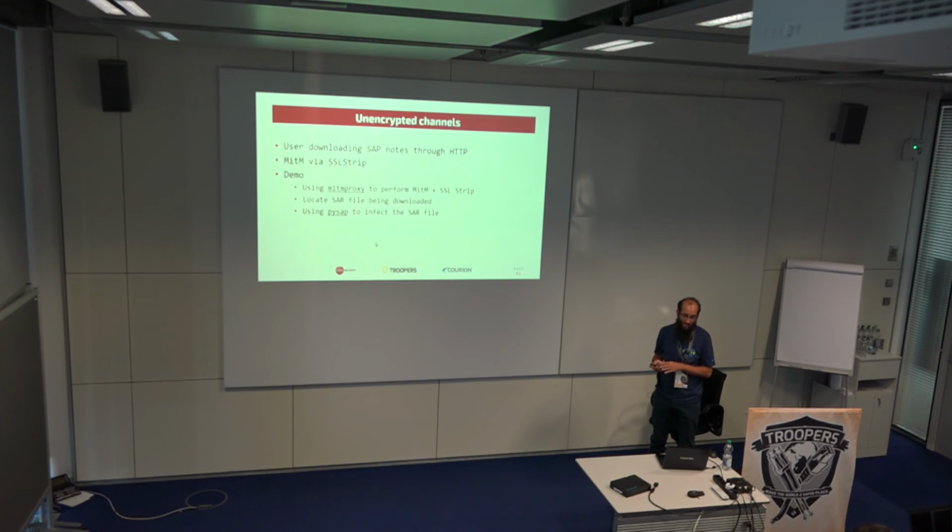This is a particular case that I was thinking about to show the impact of these kinds of things. Let's say there's a user that wants to download a subnode that has a car file attached to it, and let's say that it accesses it using HTTP.